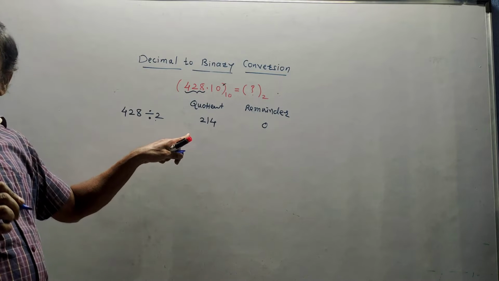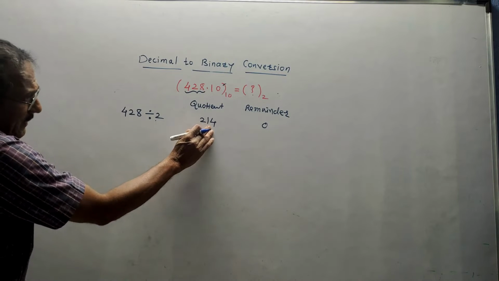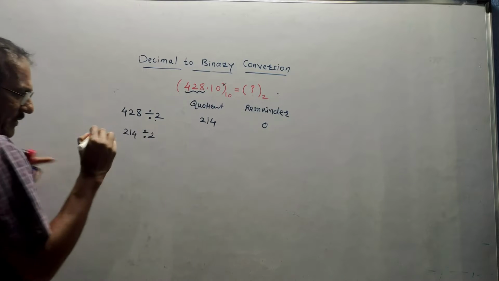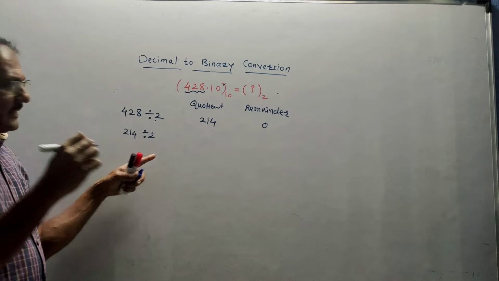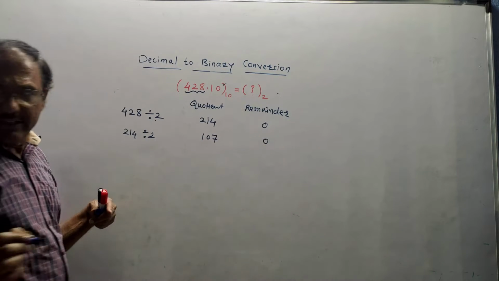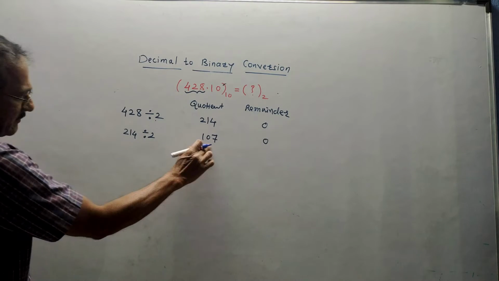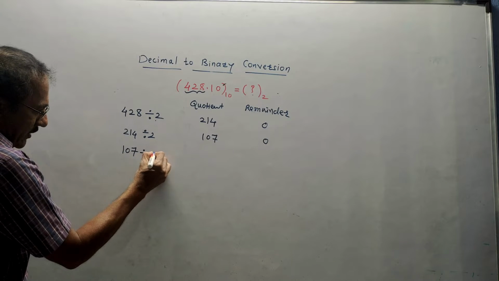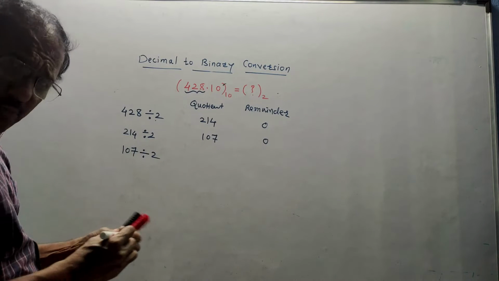You can do it on the calculator. Next, consider this part, that is 214 divided by 2. Again, this is a perfect division. So the answer is 107. There is no remainder, so remainder is 0. Now consider this number 107, divide it by 2. Do it on the calculator to make the thing simple.